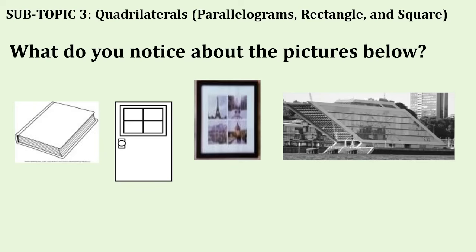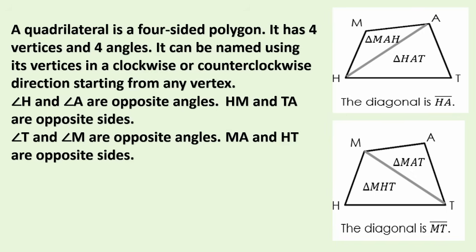Subtopic 3. Quadrilaterals, parallelograms, rectangle, and square. What do you notice about the pictures below? A quadrilateral is a 4-sided polygon. It has 4 vertices and 4 angles.